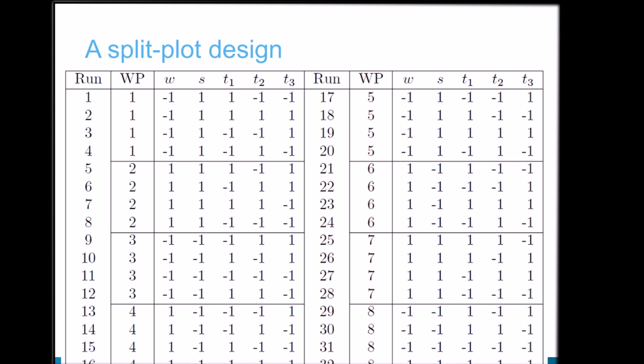So we have whole plots of size 4 here, and the 4 individual tests within a whole plot are called subplots. Now, what you can see in the table is you can see levels for 5 factors. W and S are the gap and the frequency in the study, and T1, T2, and T3 are the 3 easy-to-change factors that I named on the previous slide.